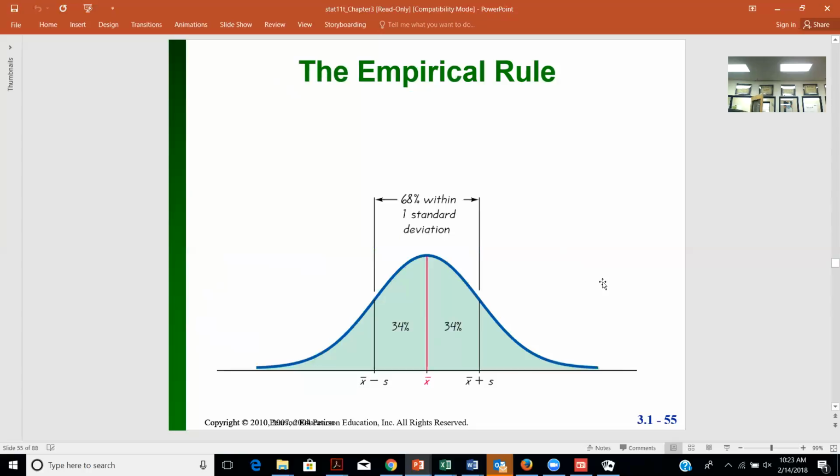In other words, a little over 2/3 of the data will fall within one standard deviation of the norm, either plus or minus, so 34% on a side. 2 standard deviations takes this out even further. 2 standard deviations, 99% of the data.